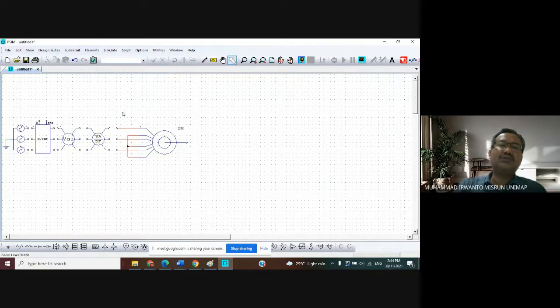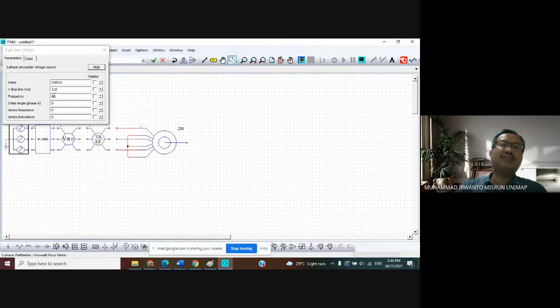If you want to add the line to line voltage, for example, you can add the voltage like this one, and then put it and connect line to line. Remember for this one, in here, the frequency is 50. You can change in here to 50.